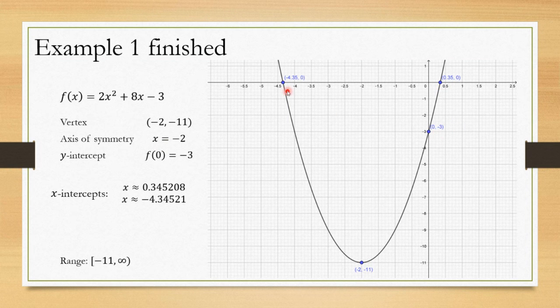Here's our x-intercepts, as you can see. And you can see that the graph is opening upward as we knew it would. And I didn't sketch the axis of symmetry, it is the vertical line here through the vertex. So that's what we get here.